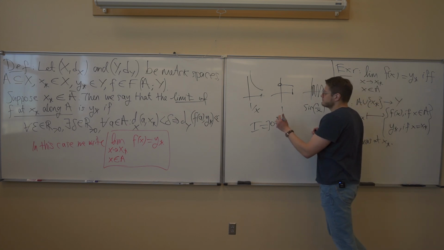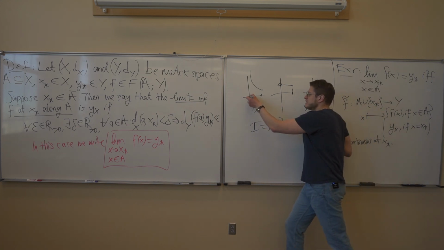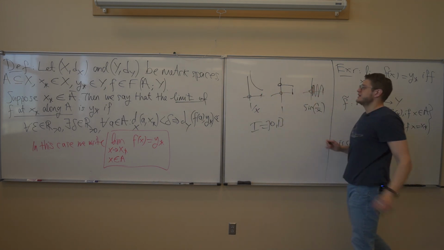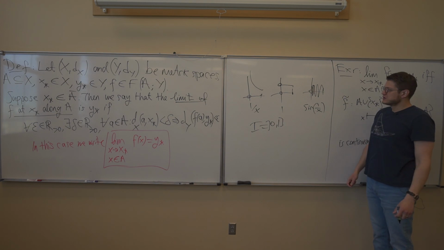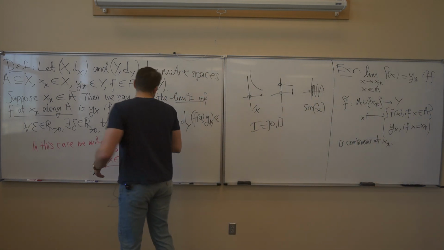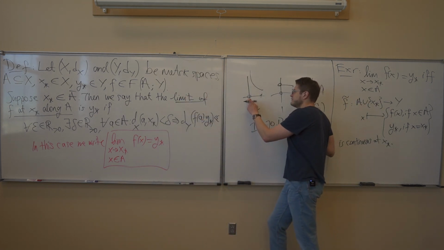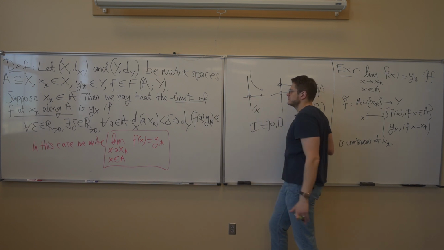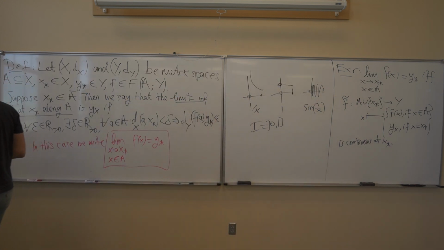The point was that even though neither of these functions technically are defined at x equals 0, because I'm just discarding that point from the domain, the behaviors are different. And so somehow we were trying to extract out this idea. So even though, for instance, 1 over x is not defined at 0, how can I make sense of this asymptote, right? And so this is the formalism behind it.